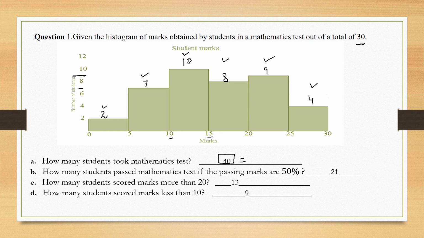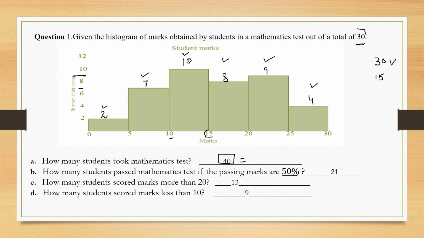Now look at part B. How many students passed the mathematics test if the passing marks are 50%? Total marks we have is 30, so 50% of 30 will become 15. Now look at the graph.